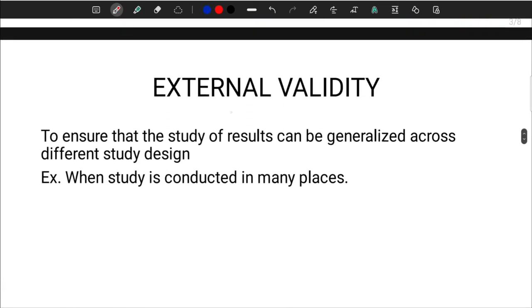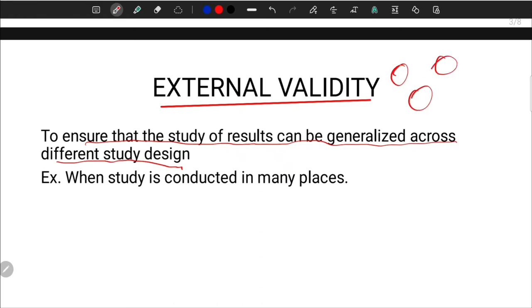Next is external validity. In this we ensure that the study result can be generalized across different study designs. For example, there are three different places, so we are doing research here, here, and here, and we are getting some results.